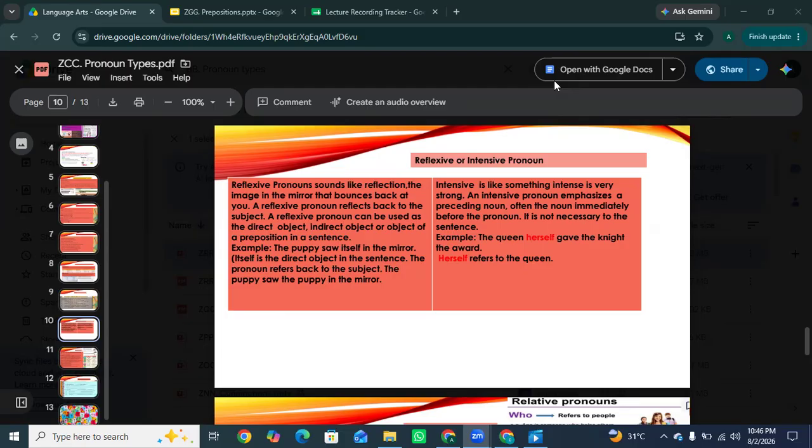It highlights or draws special attention to a noun or pronoun that came right before it. So it is not necessary to the sentence. If you remove an intensive pronoun, the sentence still makes complete grammatical sense. Like, the queen herself gave the knight the award. Herself refers to the queen, so it's not needed in the sentence.